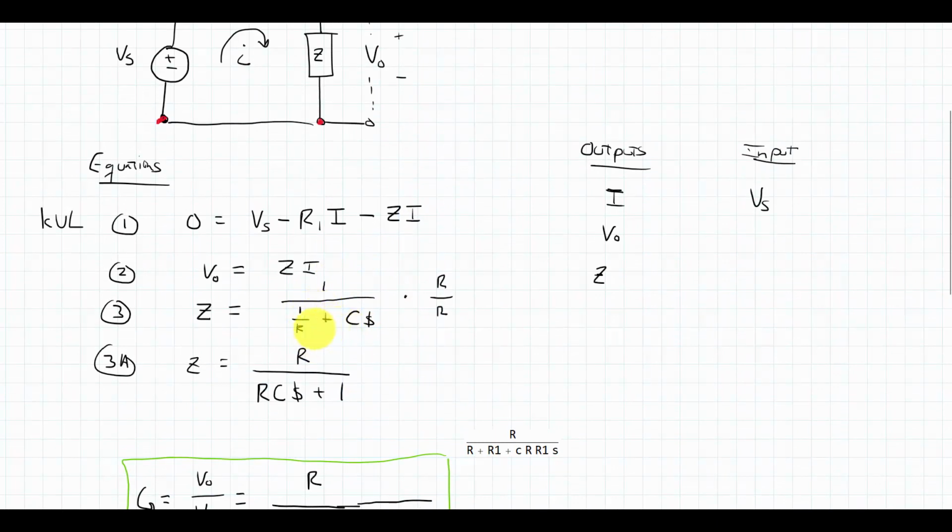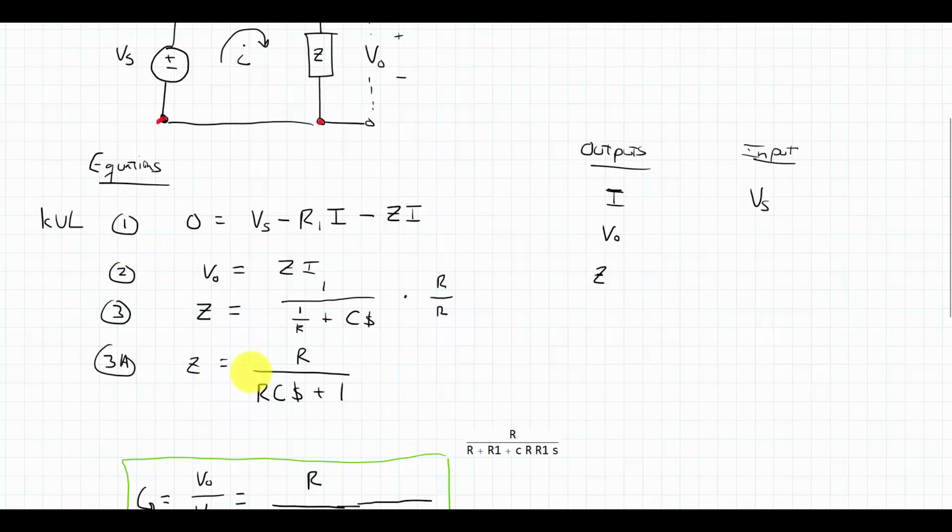So the impedance of the resistor was R, the reciprocal 1 over R. The impedance of the capacitor is 1 over Cs, and its reciprocal then is C times s. I could have left Z looking like this, but I'd rather get rid of denominators in my fraction itself. So I multiplied top and bottom by R, which is the same as multiplying by 1, and I'm able to rewrite Z as R over RCs plus 1.